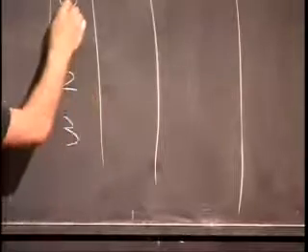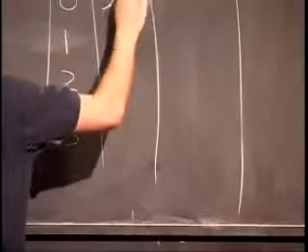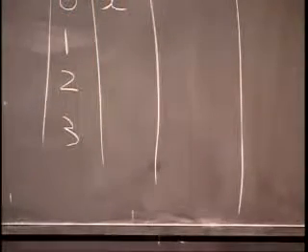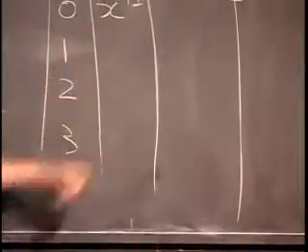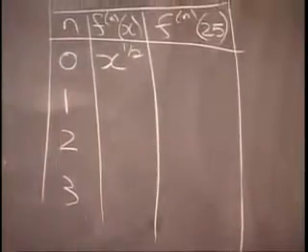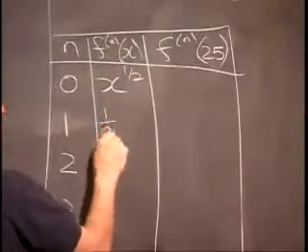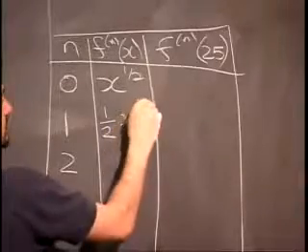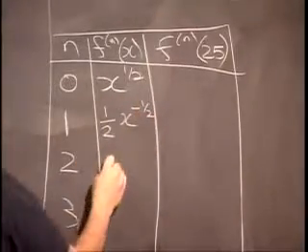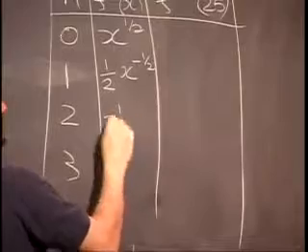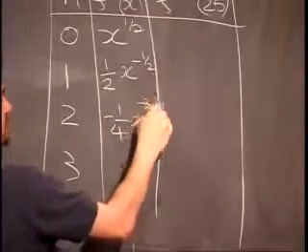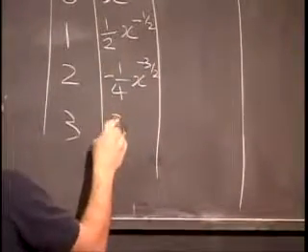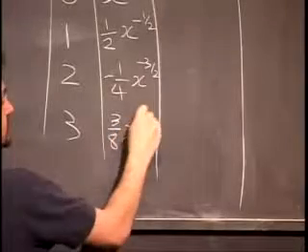The function itself is x to the 1/2. We need to differentiate this a few times. The first derivative is 1/2 x to the minus 1/2. The next derivative is minus 1/4 x to the minus 3/2. And finally, 3/8 x to the minus 5/2.